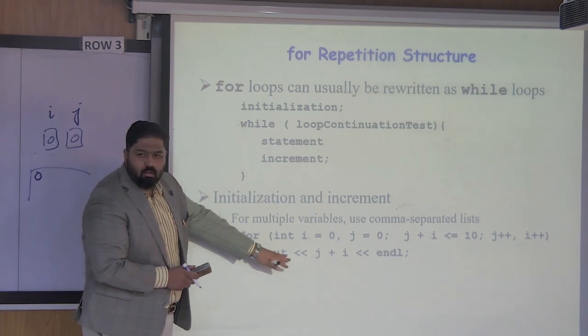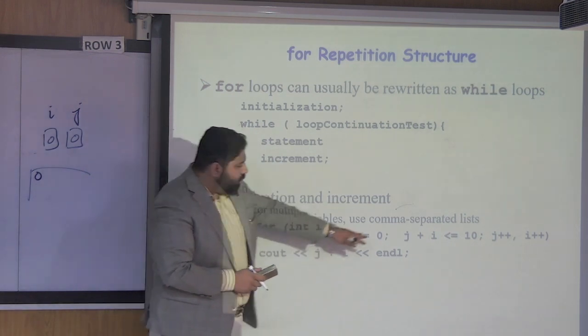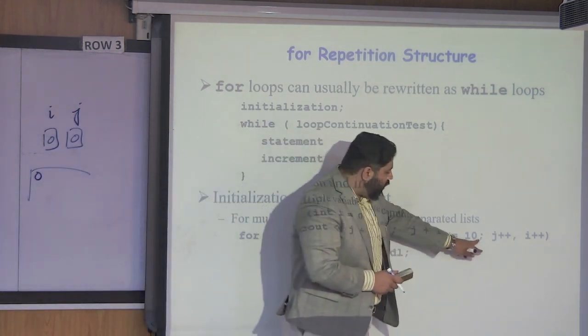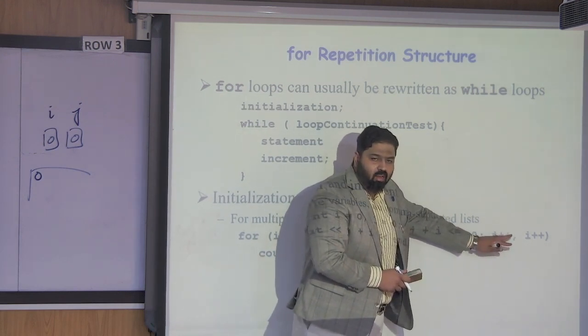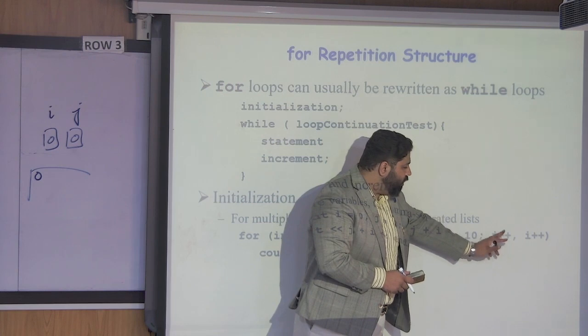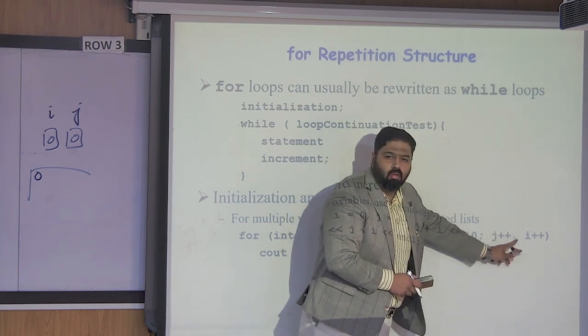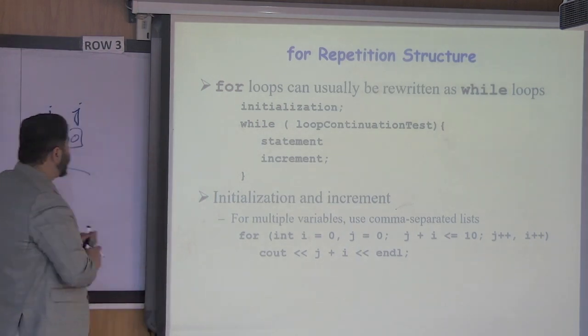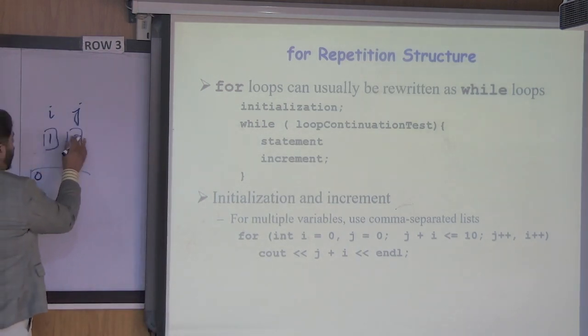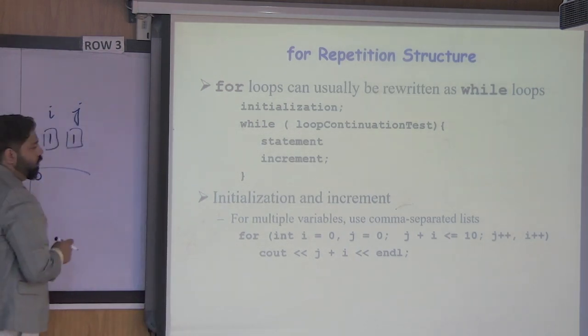After this, next step. Increment. After semicolon, we have the last part. Respective increment, decrement. We can increment or decrement respective variables again with a comma separated list. j plus plus, i plus plus. Both of these variables now become 1. Now what's next step?